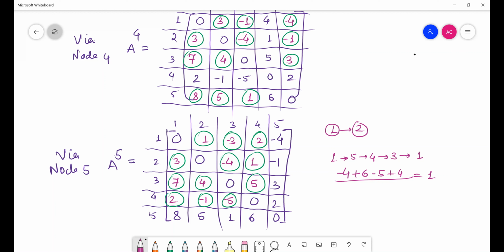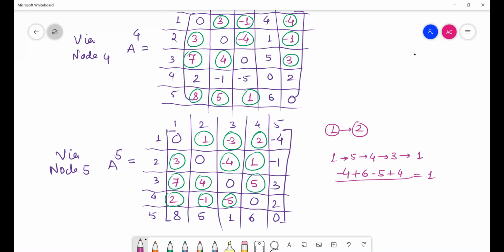So here you said it is giving different values for 1 to 2 and 2 to 1. Why is it so? Because the path should be the same. Because of the directed graph. Because for 2 to 1 there is no direct edge. So it is going via some other node.